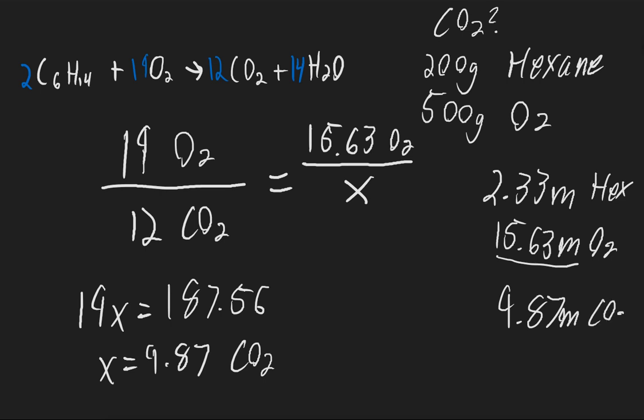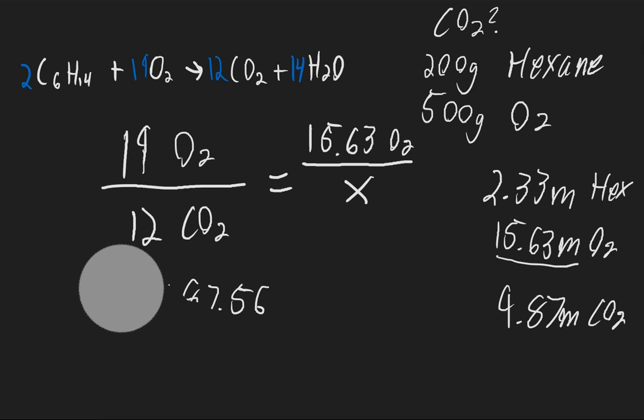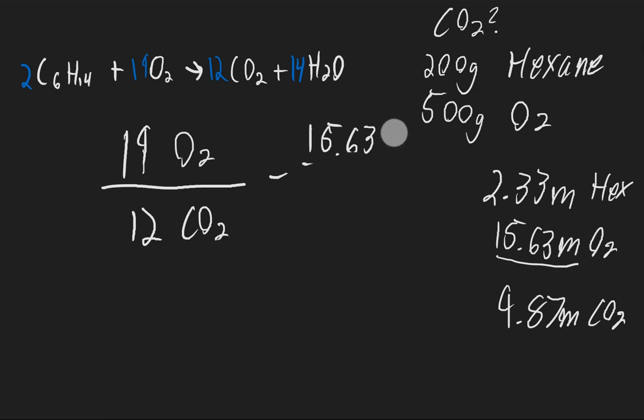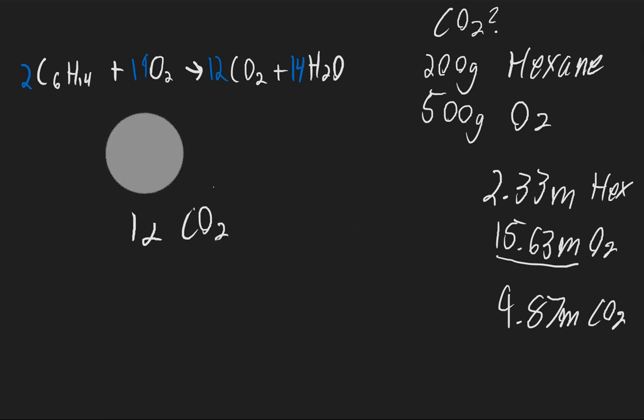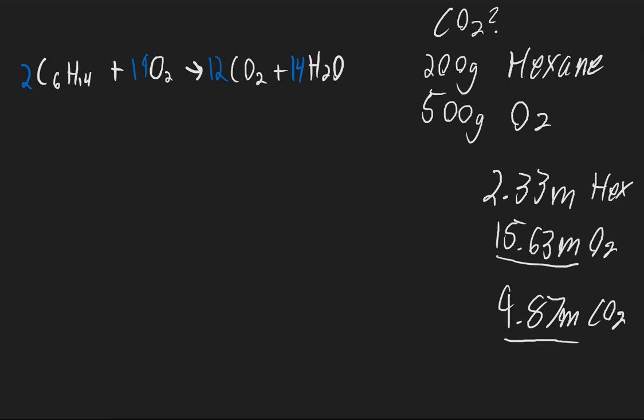So with the information given, we know that we get about 9.87 moles of CO2. Now, if we were asked the weight of CO2 that would be produced with this information, the amount of grams of CO2 produced in this equation, well, we need to figure out the molecular weight for CO2, right?